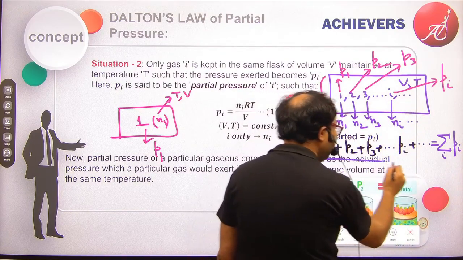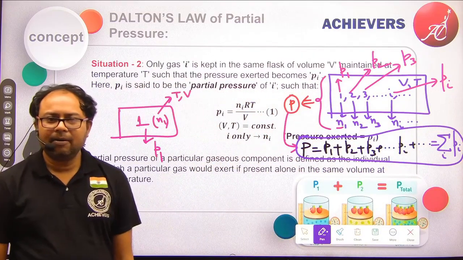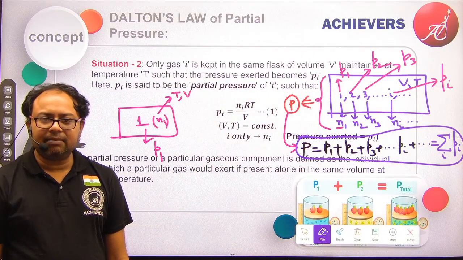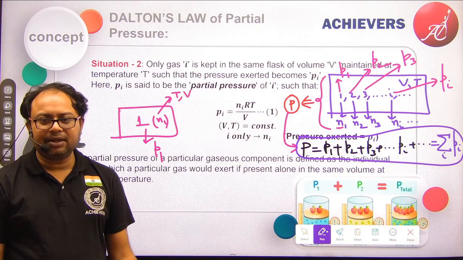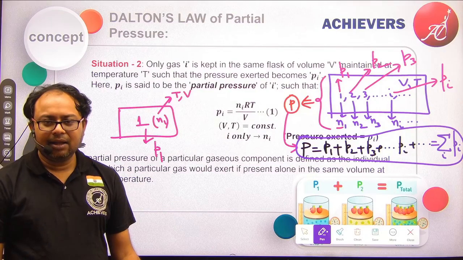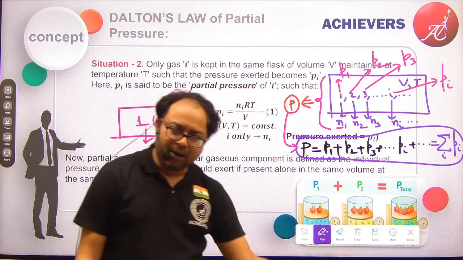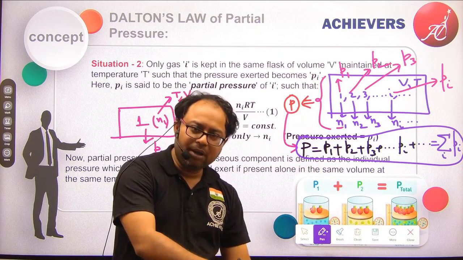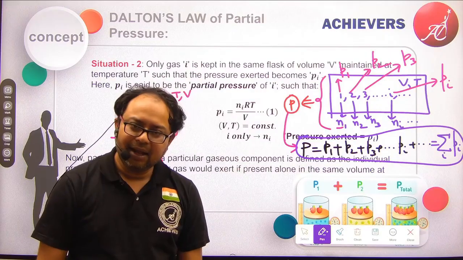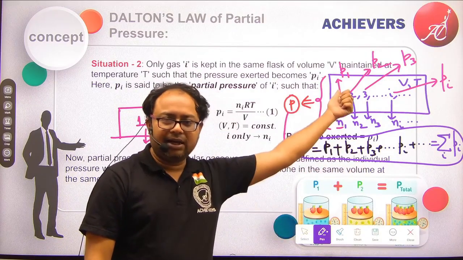So the total pressure is nothing but the sum of the partial pressures. And partial pressure is the pressure that is exerted by a particular gas if it is kept alone in the same container of same volume, maintained at same temperature, and you are taking the same number of moles as it was there in the mixture.